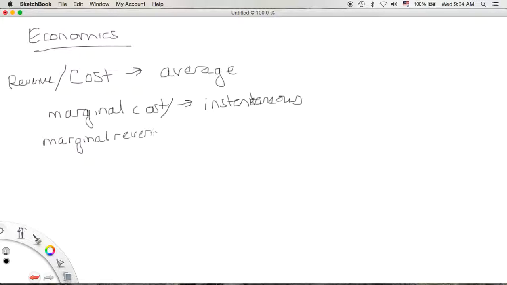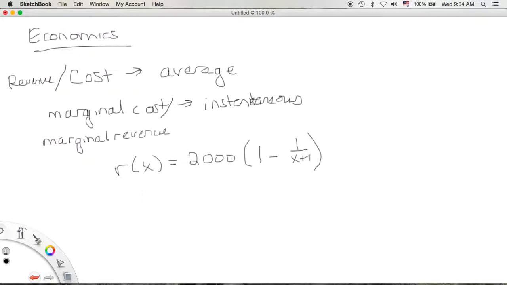Am I even spelling that right? Revenue. All right, so for example, let's say it's r of x equals 2,000 times 1 minus 1 over x plus 1.